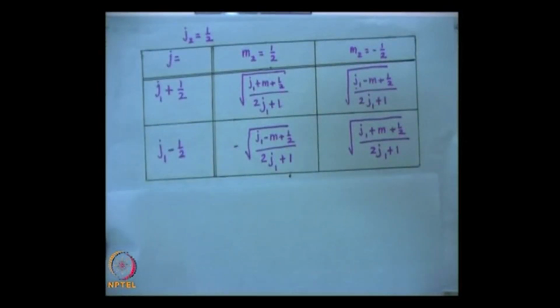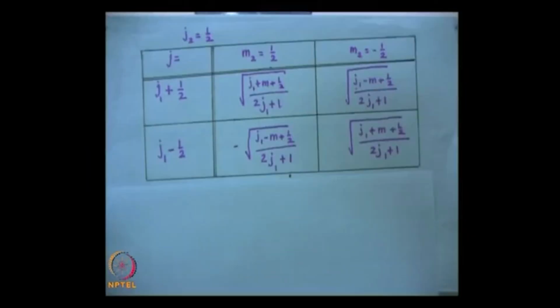to calculate the Clebsch-Gordan coefficient. This corresponds to j 2 is equal to half. In many books j 2 is equal to 1, including in our book, and of course, that table has been taken from Condon and Shortley. For j 2 is equal to 1, the tables are given.